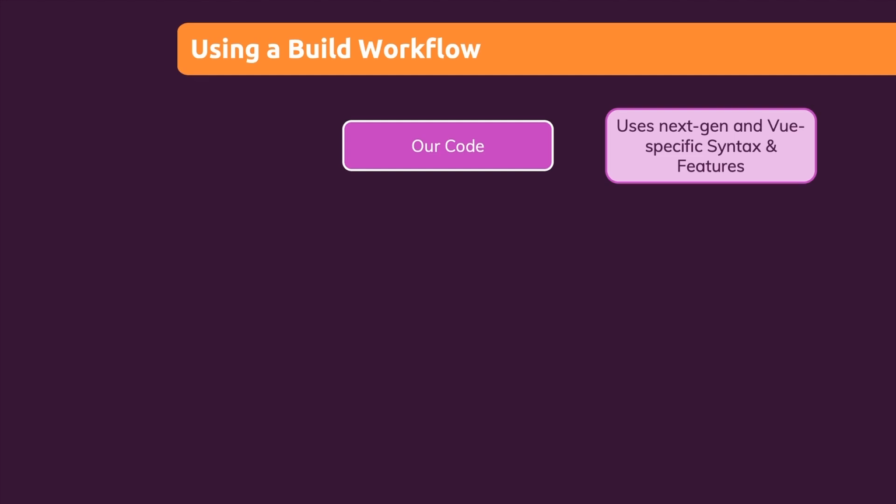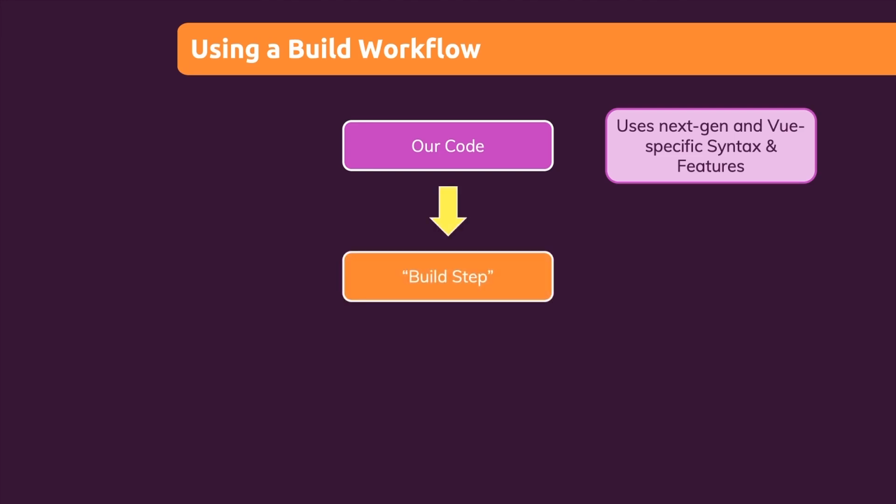But that's the important thing now. The project generated with the Vue CLI has a lot of under the hood tools working on our code to transform that code in a so-called build step to code that works in the browser.